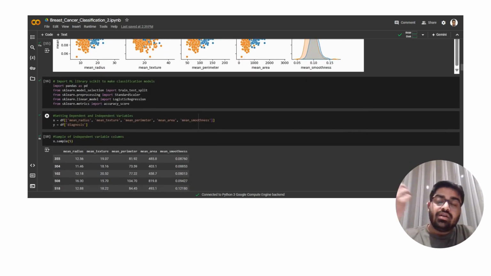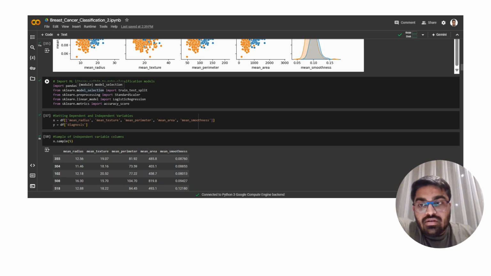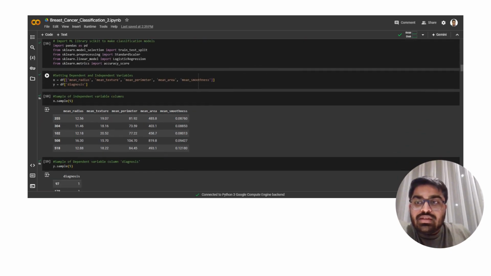Now, we wanted to try and see the classifications. So our six classifications for the study. So for that, we had to import sklearn, and had to import logistic regression, standard scaler, because we had to standardize the data, obviously. We then set dependent and independent variables.